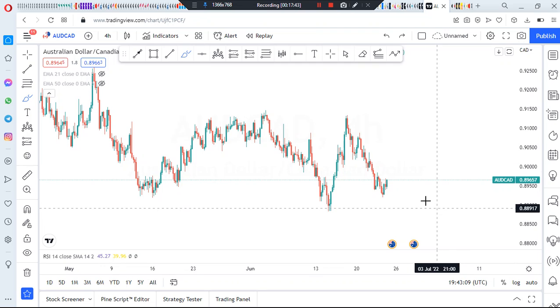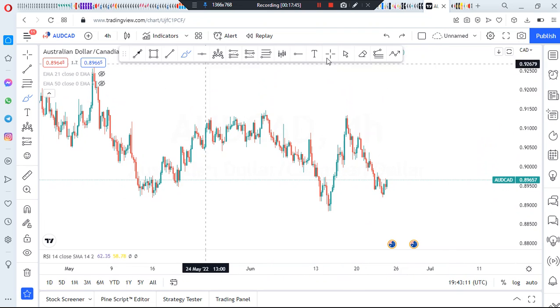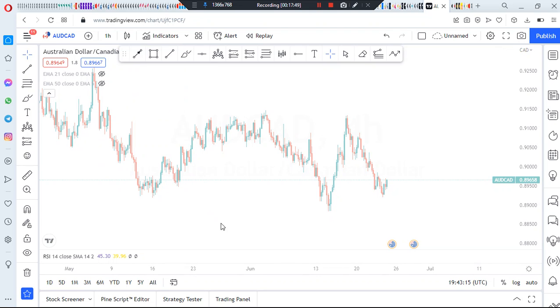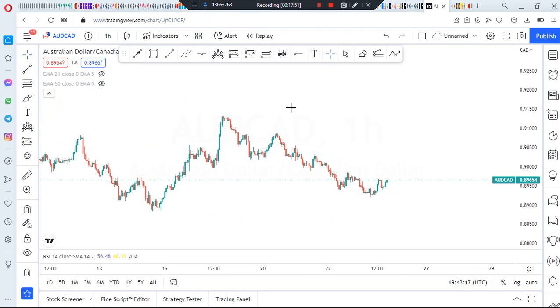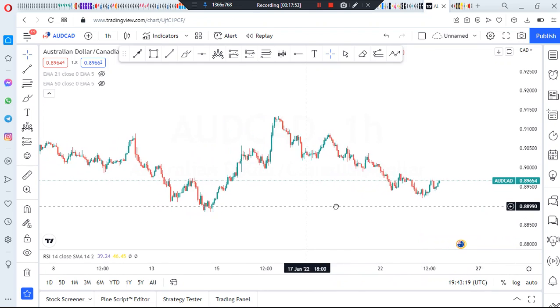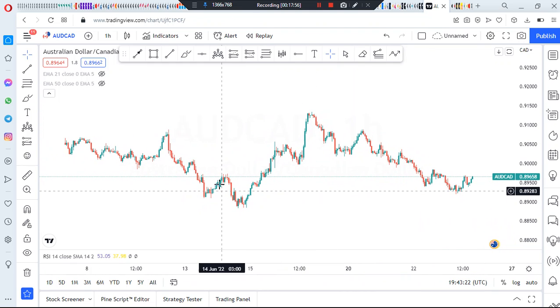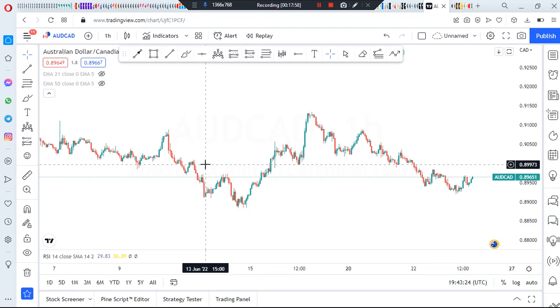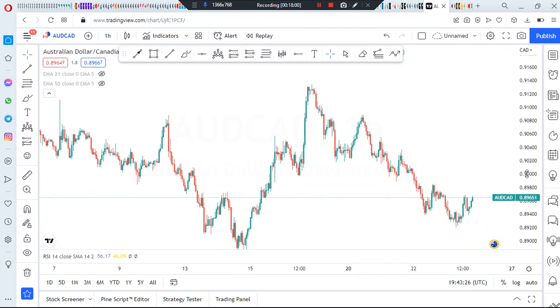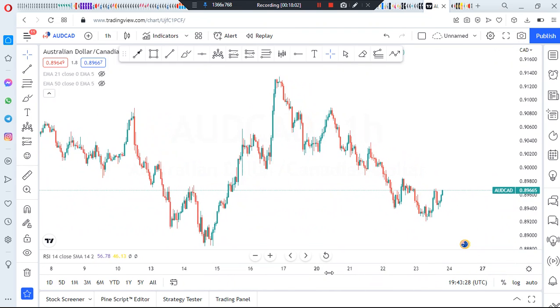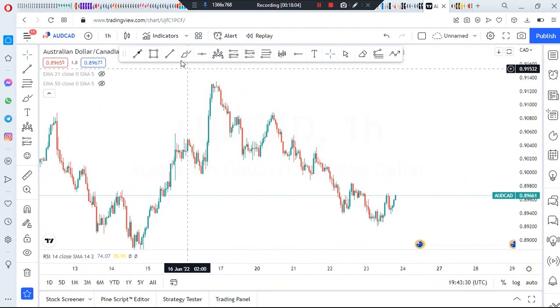Now that we have a picture of how this price is responding, let's go to the 1-hour time frame. On the 1-hour time frame, this is what we have right here. If I zoom this a little bit, we can put our trend line.